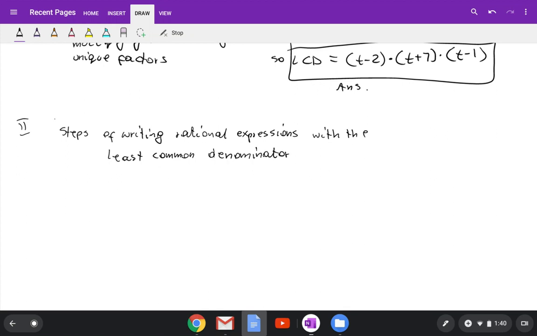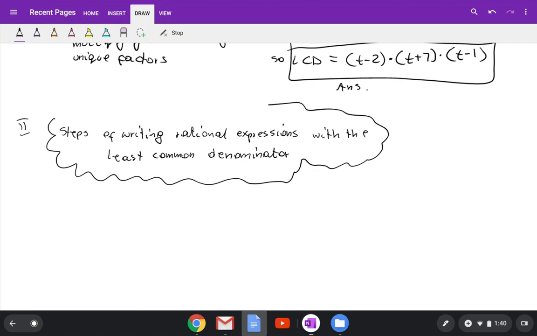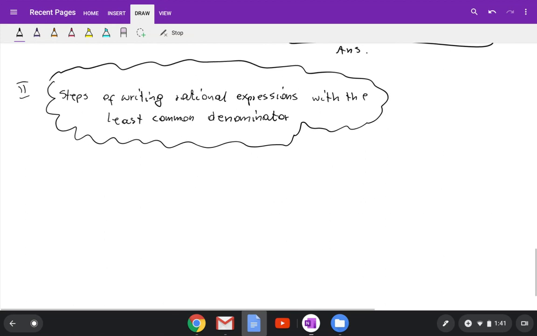So this is very important because we're going to use that in the next section. We'll find the least common denominator of our rational expressions, and then we will convert each original expression to a new one, which again will be equal, but with a denominator which is the least common denominator. So let me write the steps and I will explain that.